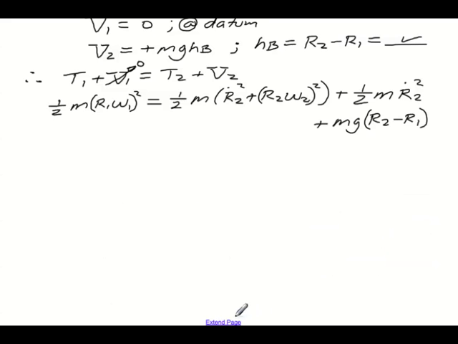So from this, we have one equation and one unknown. That's r2 dot. So I'm going to say then that r2 dot squared is going to be equal to, let me see if I can do this in my head, 1/2 m r1 omega 1 squared.